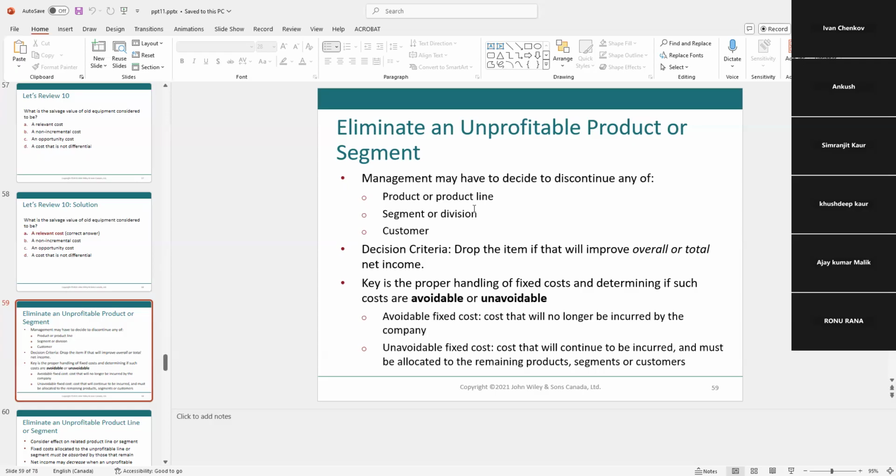The question is whether there is anything from the fixed cost that we can also save. That's the key point in this decision. Is there anything from the fixed cost that we can save by dropping a segment or stopping a client? And then we come to the point of which of the fixed cost is avoidable and which is unavoidable.